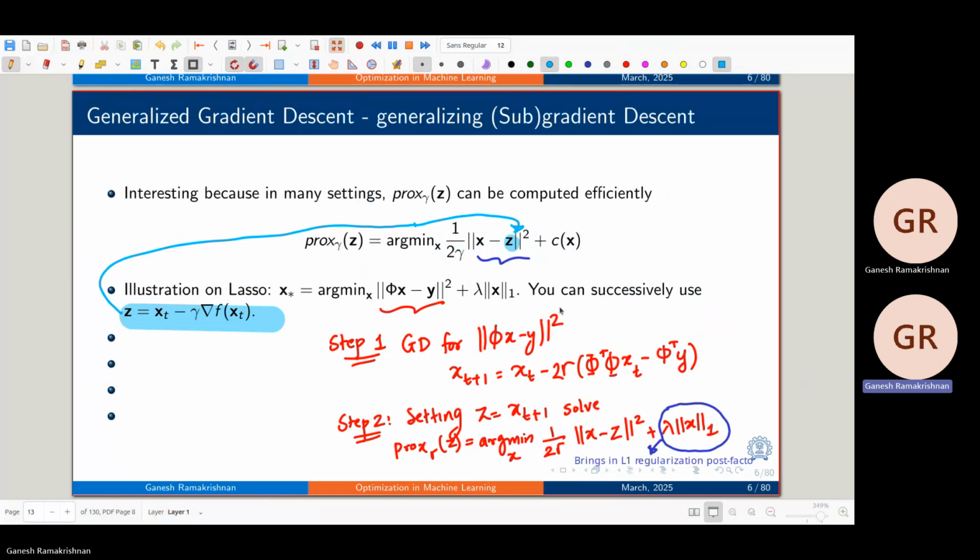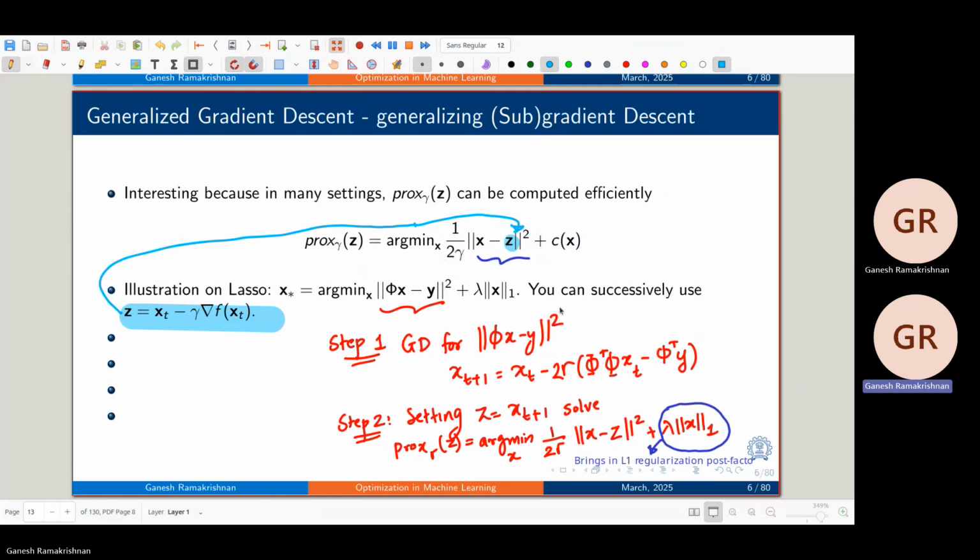That is what I asked you to derive. x_{t+1} is x_t minus 2 gamma phi transpose phi x_t plus 2 gamma phi transpose y. Got it? Step 2, I'll set z to this x_{t+1}. For now, just assume x_{t+1} is set. Now you just have to solve this expression.